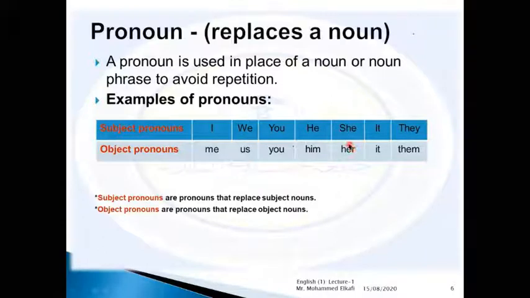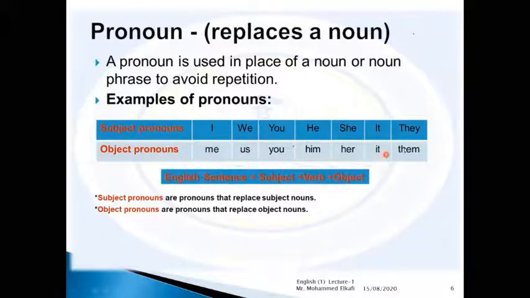Instead of saying I saw Sarah or I met Sarah, you can say I met her. It is a subject pronoun, and the object pronoun which comes after the verb is it, in small form. They is a subject pronoun and them is an object pronoun that comes after the verb. So here we know the form of an English sentence: it includes mainly a subject and a verb, and sometimes an object or complement.